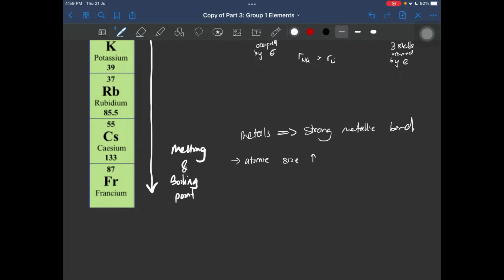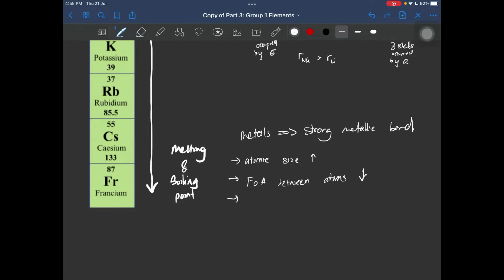When the atomic size increases going down the group, we know that for metallic bond, the forces of attraction between the atoms will actually decrease, right?